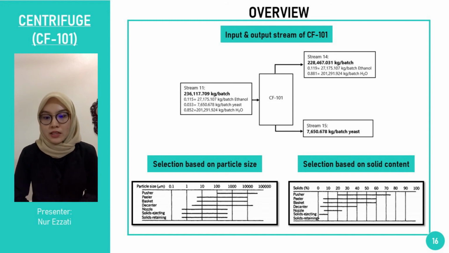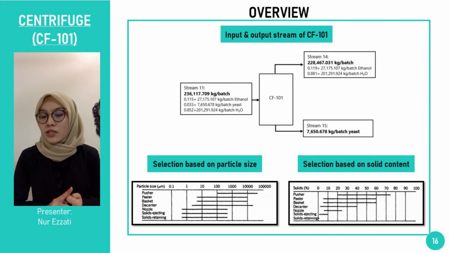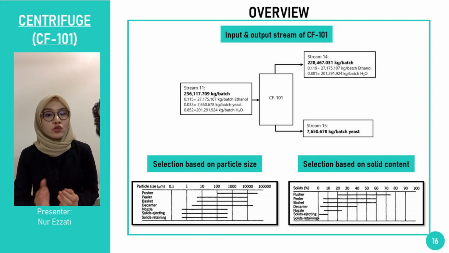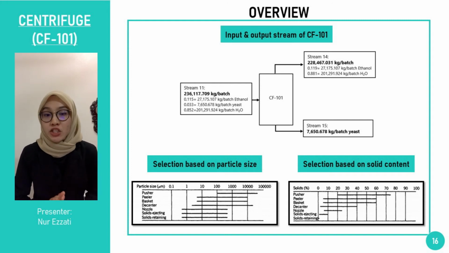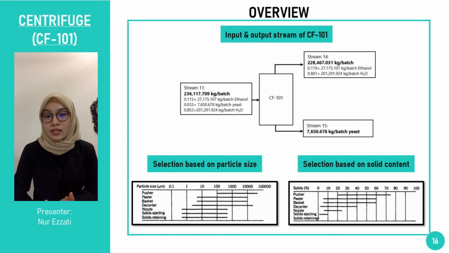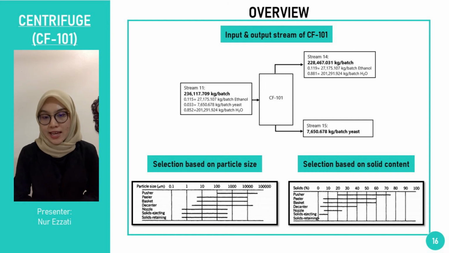Based on the figure, the particle size of yeast falls in the range of decanter, nozzle, solid ejecting, and also solid retaining types. Other than the particle sizes, the selection of centrifuge can also be done by calculating the percentage of solid content. Based on the calculation, the percentage of solid content falls in the range of solid ejecting and also decanter types.